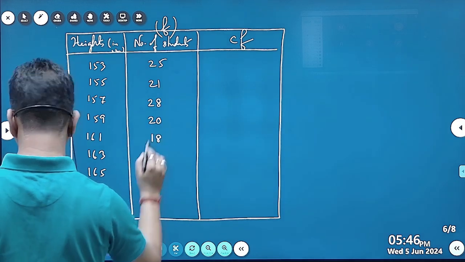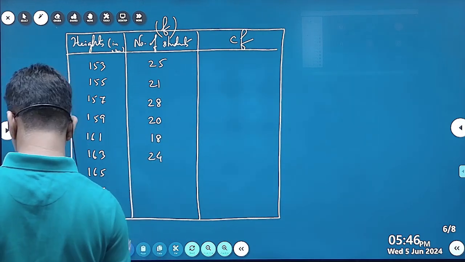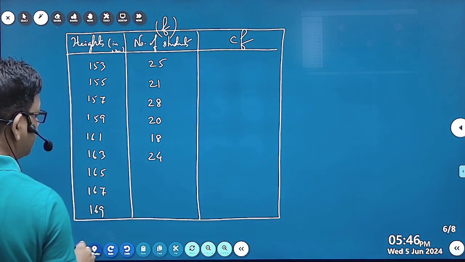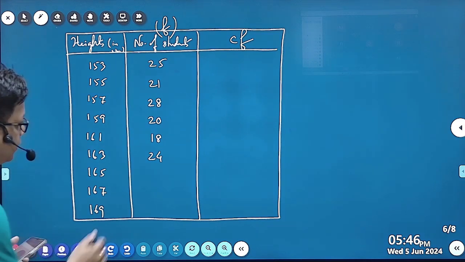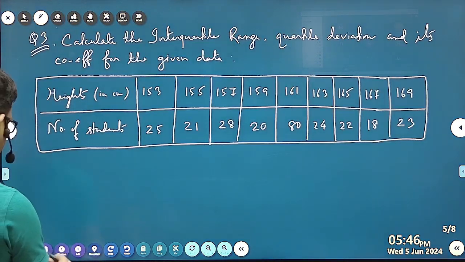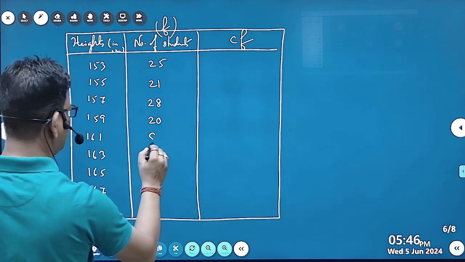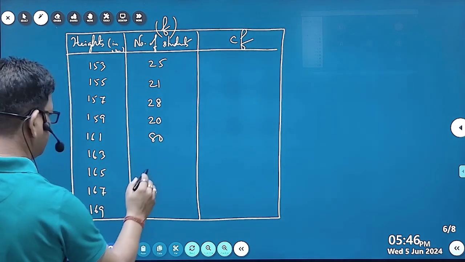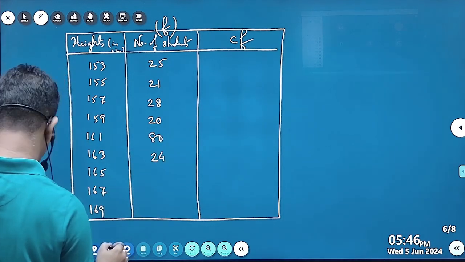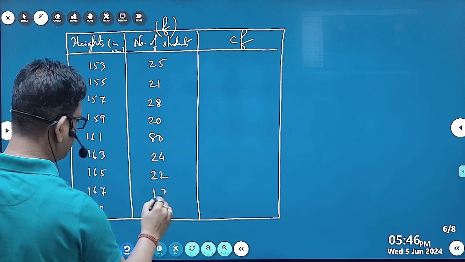Correct it if it is wrong. 18, 24, 20. Oh, okay, 80. All right. So after 20 it is 80. Then 80, 24, then 22, 18 and 23, correct?